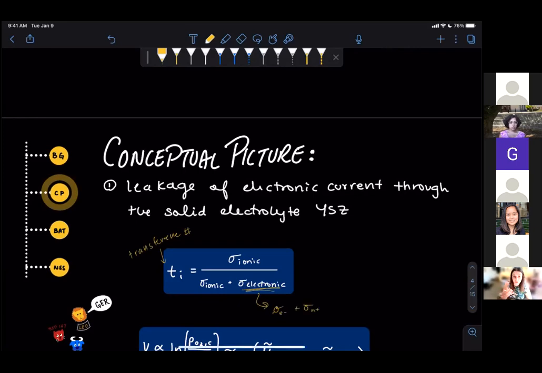So depending on which one is your majority carrier at a given spatial location in your electrolyte, one or the other might be contributing more strongly to the overall electronic conductivity in your membrane. One thing to note here is that very often for a good electrolyte, you assume this is essentially 1. So it's close to 1, but for this case, we're going to say it's not equal to 1. So it's very important that it's not equal to 1.